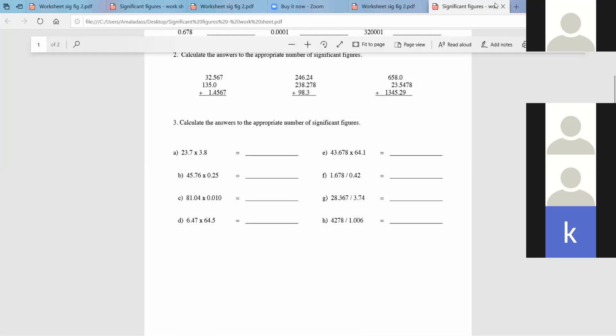Okay, what is the least significant figure? 2. Two, right? So the answer should be 90.1?